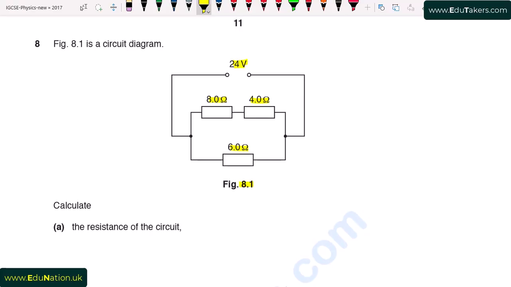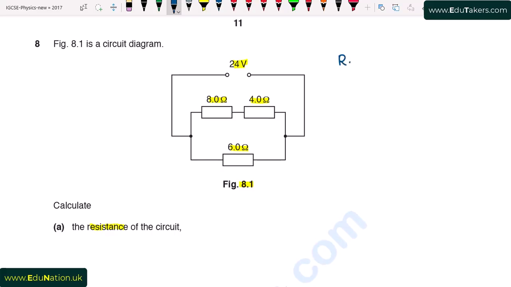Calculate part A, the resistance of the circuit. Here we have to find out the total resistance of this circuit. So first of all, I write here, for the series circuit, the total resistance is obtained by adding the individual resistances.